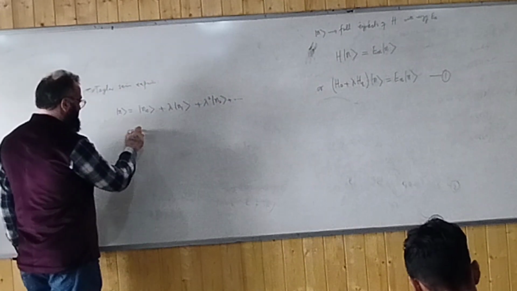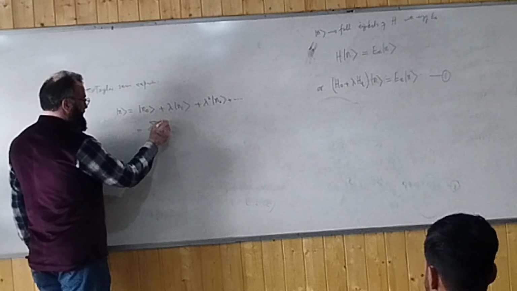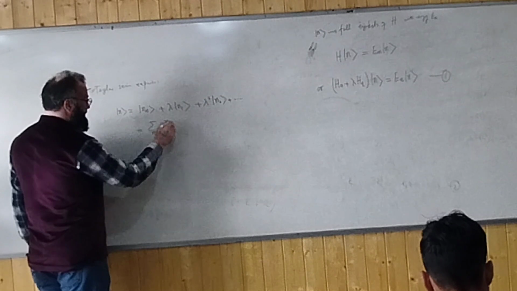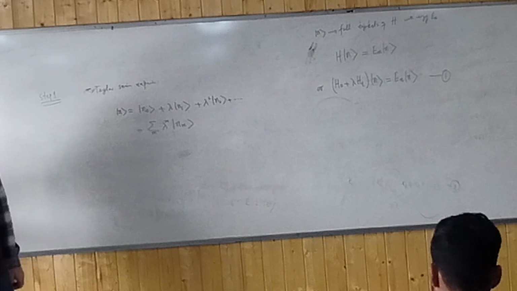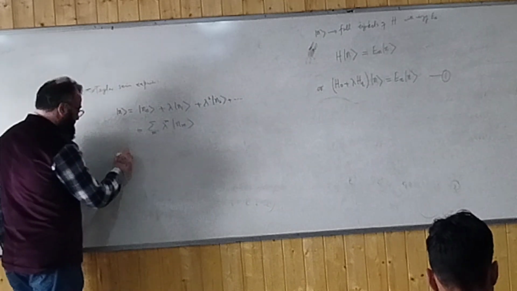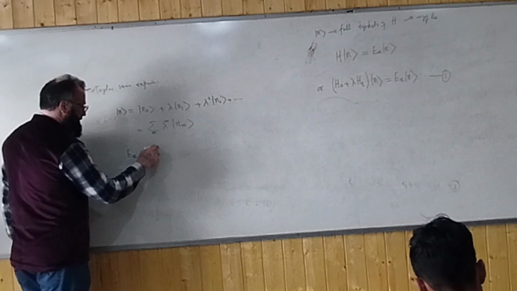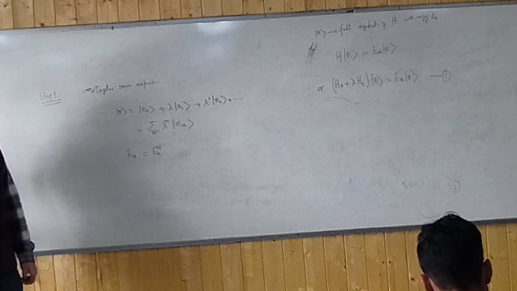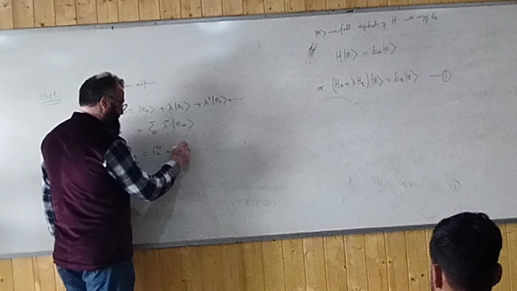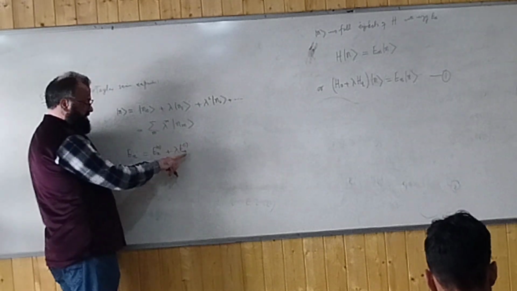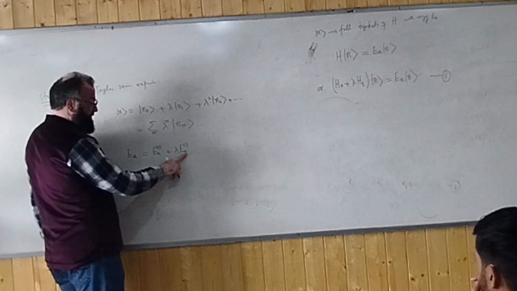Let me put it in the summation notation. Then we expand this En as well: you have En0, the unperturbed energy, then lambda En1, the first correction, where n is the level index.